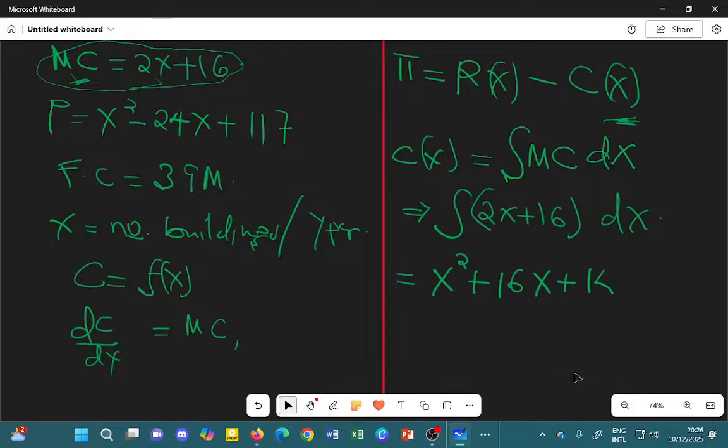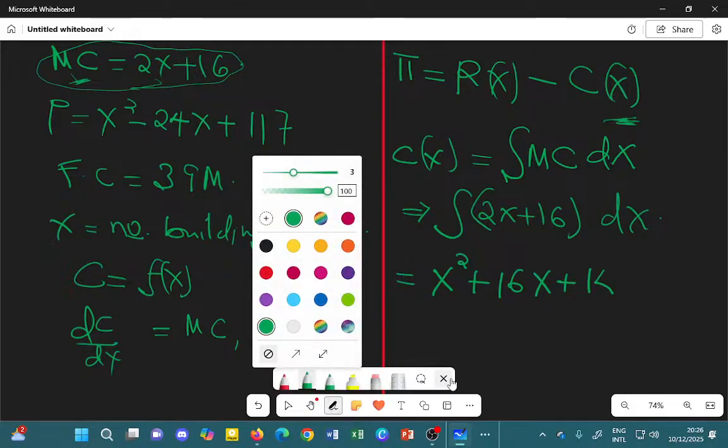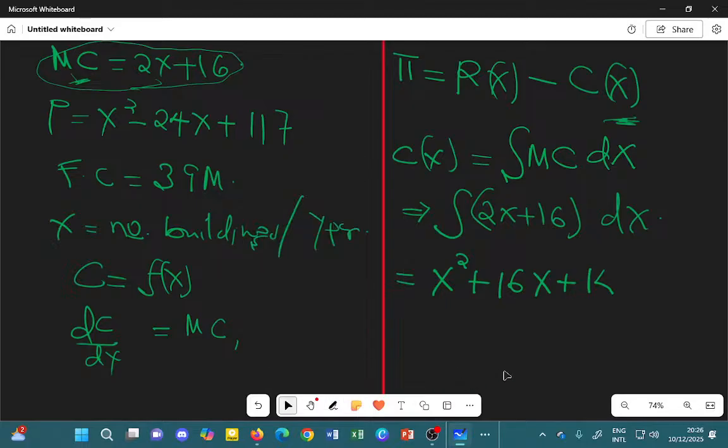So what I'll say here is that at x equal to 0, we have the fixed cost to be 39 million as we had it here. That is the fixed cost, this one, 39 million.